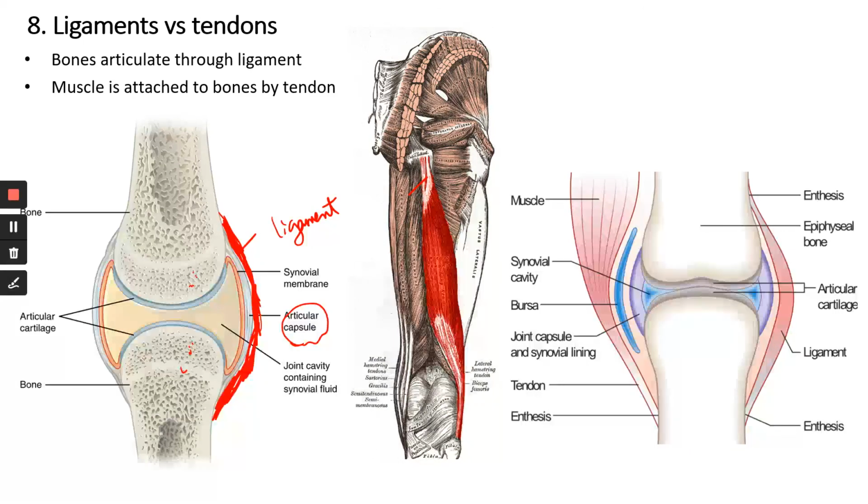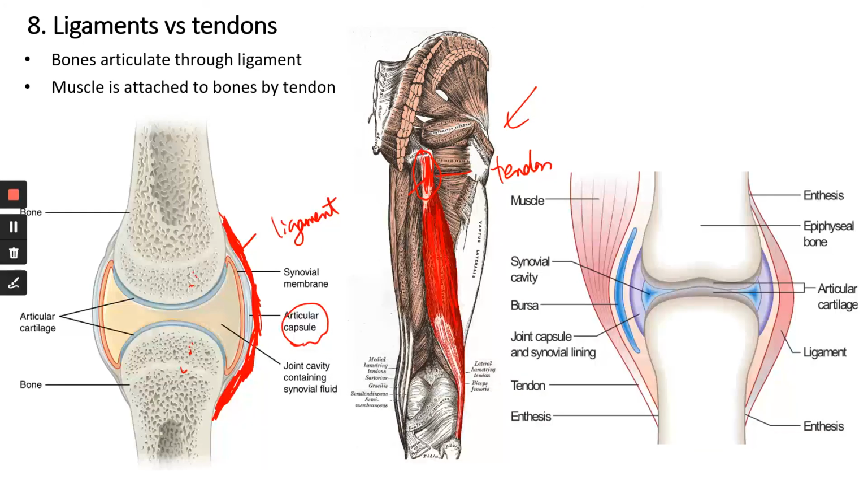And tendons attach muscles to bones. When you look at this picture, this is a piece of skeletal muscle right here, and you see that white colored part at the end of the muscle. This part is the tendon. The tendon attaches a muscle to a bone, right? Usually it's some kind of bone marking, something that sticks out for the muscle to attach to.